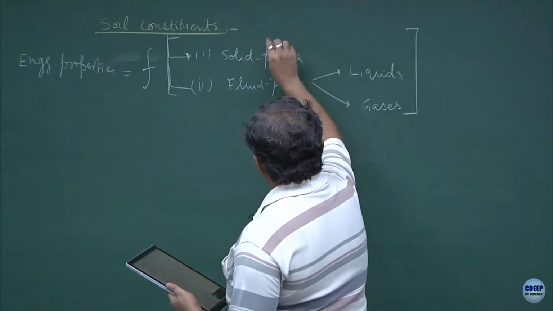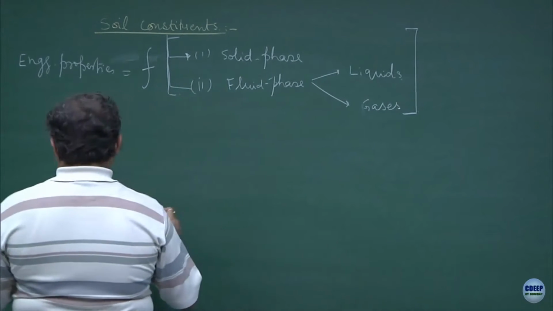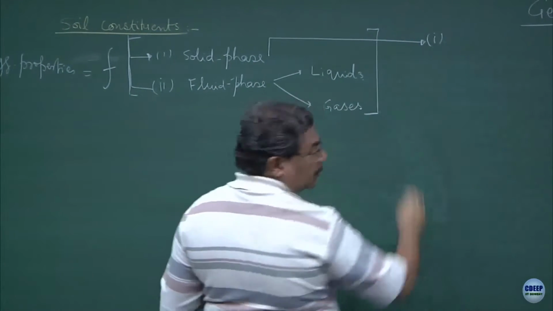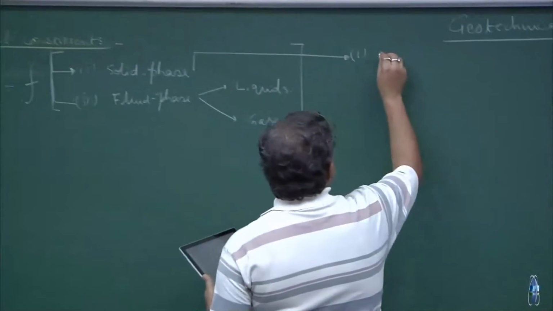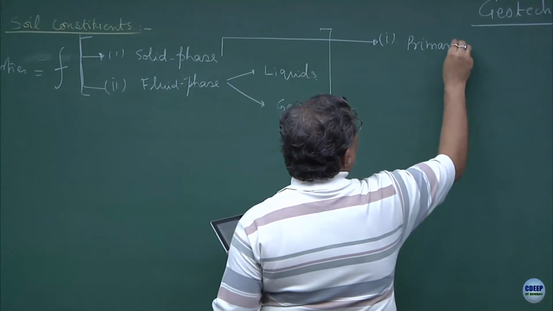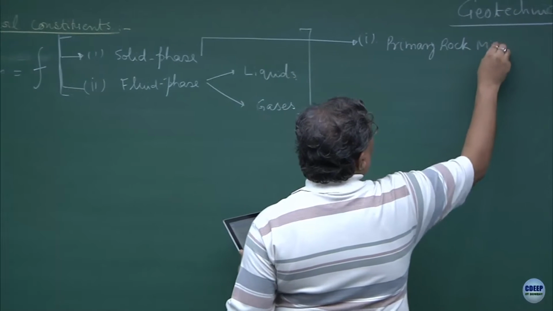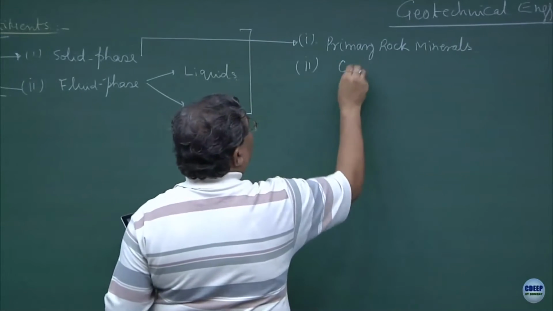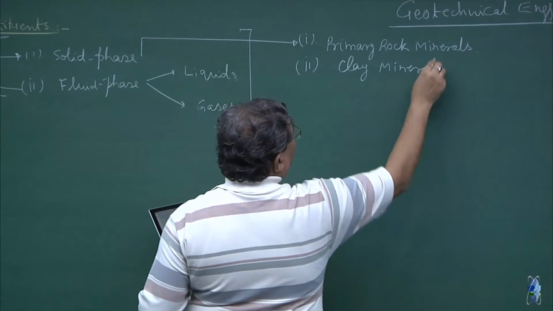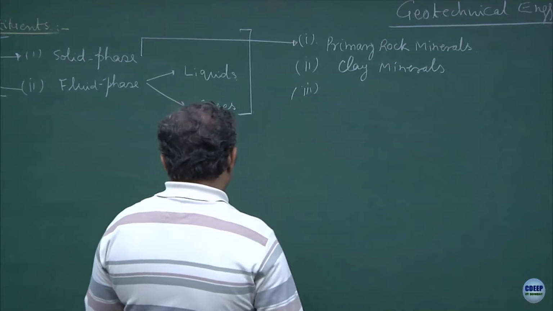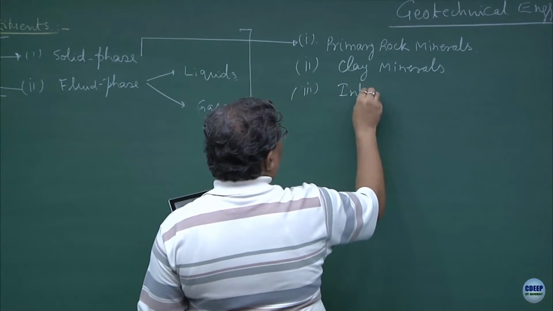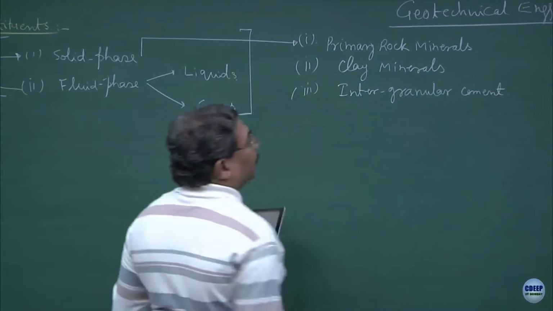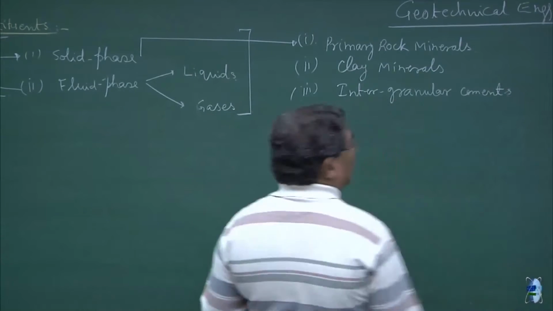Okay, let us come back to the conventional thing. The solid phase consists of primary rock minerals, clay minerals, the third one is intergranular cement, which somebody was discussing in the first lecture, the cementation between two particles.